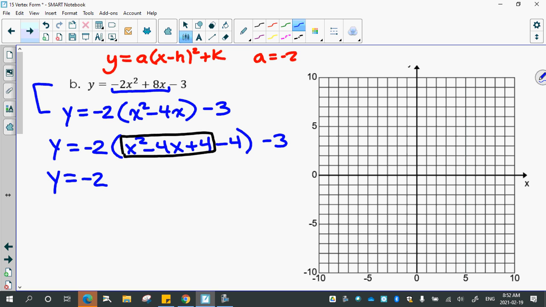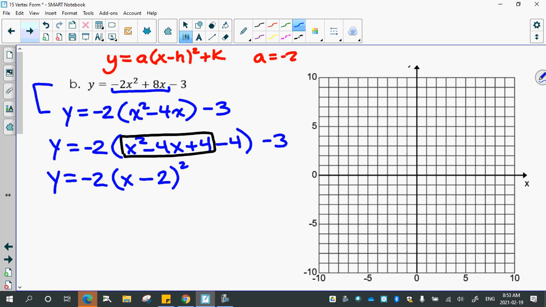So if I factor this part, the perfect square trinomial, what would the perfect square trinomial be, the box? If I factor the box, what would it end up being? Sign from the middle.